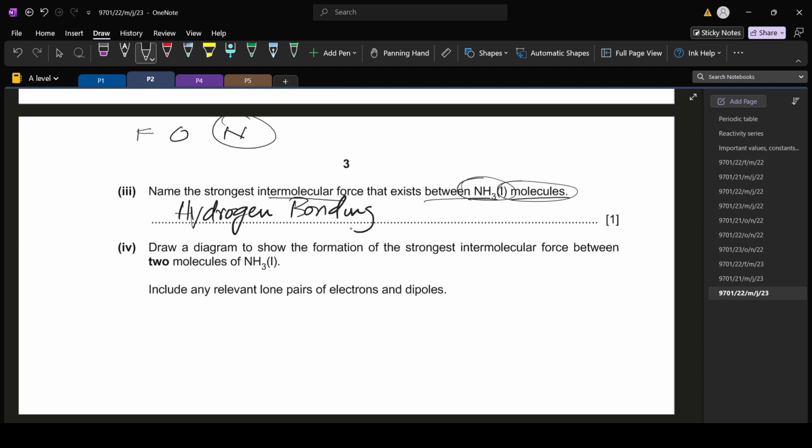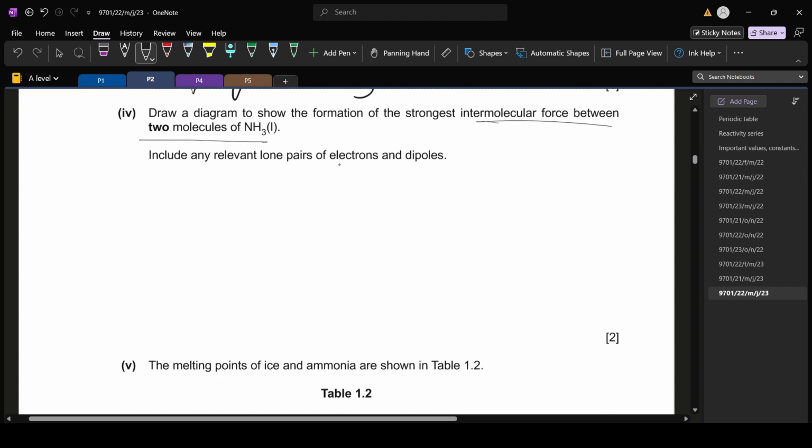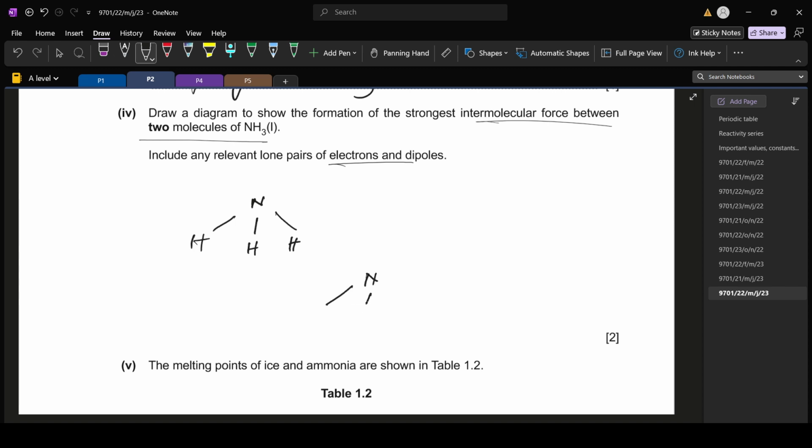Now draw a diagram to show the formation of the strongest intermolecular force between two molecules of ammonia. Include any relevant lone pairs of electrons and dipoles. So how will you show this hydrogen bonding? This is the first molecule of ammonia, and this is the second molecule.